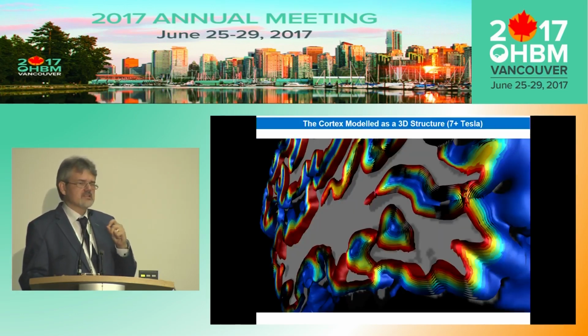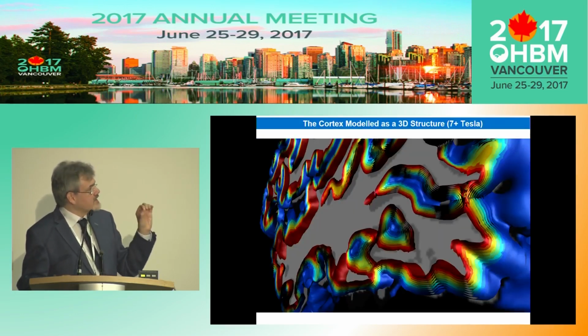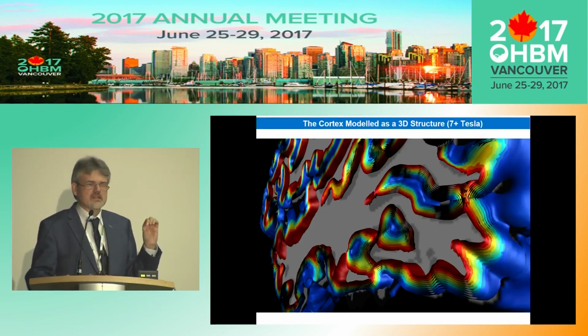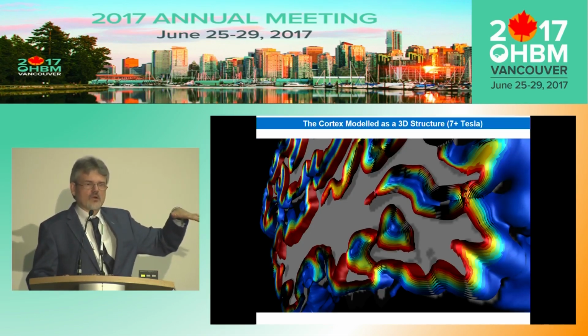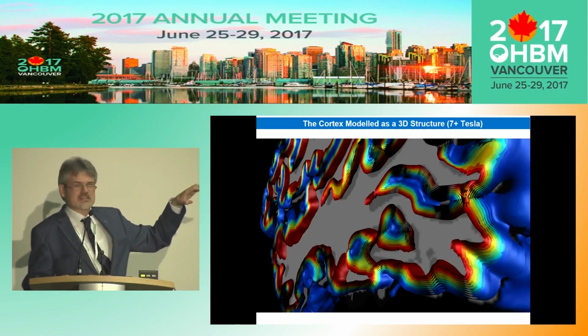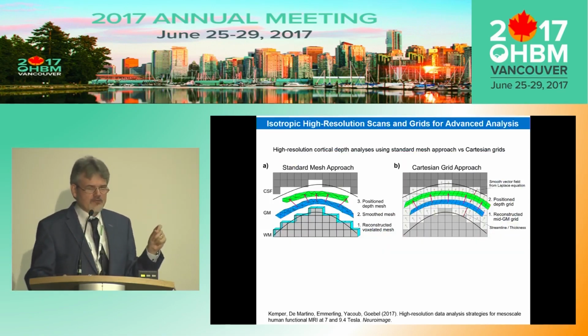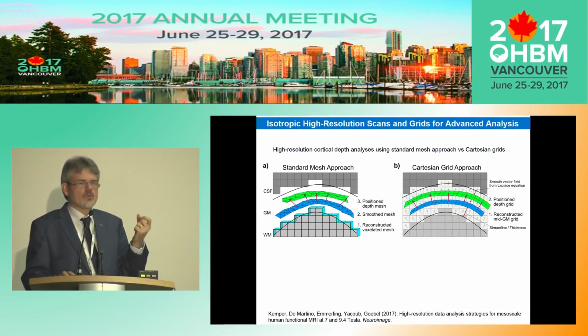And one important point is immediately apparent: the cortex can no longer be modeled as a sheet, because we need the different depths. We cannot project everything on one sheet around the cortex. We have to model depths, and that's very important. And we develop techniques to do this in an optimal way.